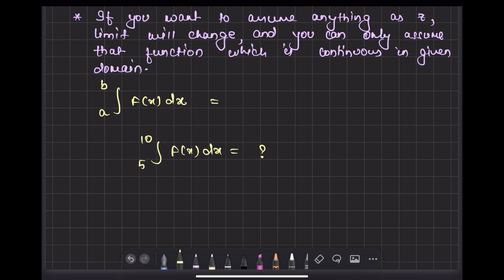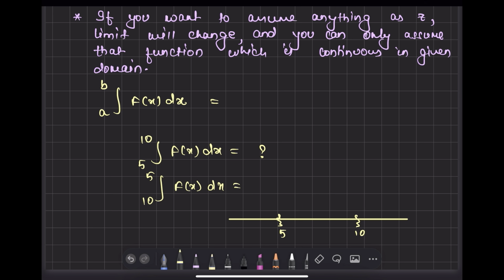Okay. So this is okay, but look at this. If I give you 10 to 5, you may find it uncomfortable because it starts from 10 till 5. This thing we cannot digest. Means starting point should be the smaller number, no? Okay, and end point should be the bigger number.